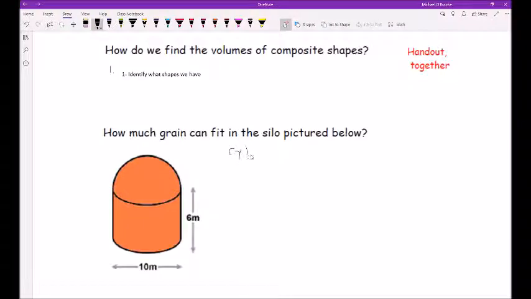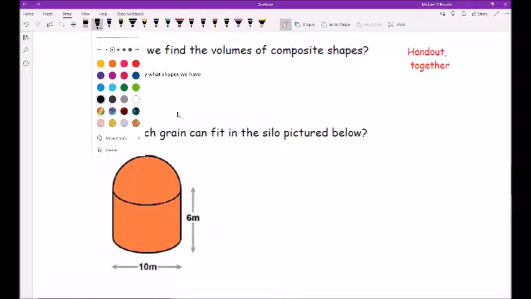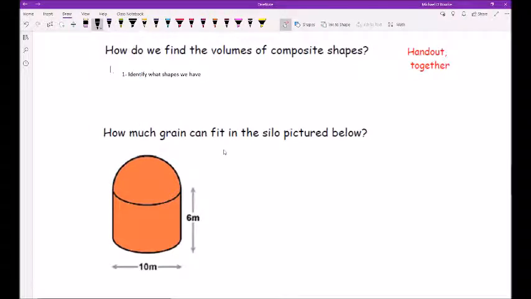We have one cylinder. And what's the other one we have? Half a sphere. Good.